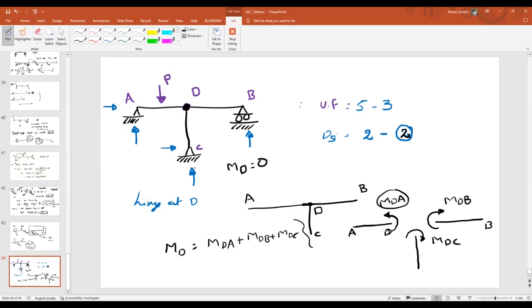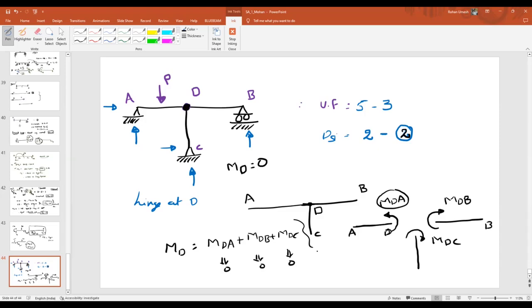There should not be any resisting moment, isn't it? That means this value will be 0, this value will be 0, this value will be 0. Don't tell me that I'll consider plus 10, minus 5, minus 5, then also it is 0. The point of a hinge is that there is no resisting moment at that point.